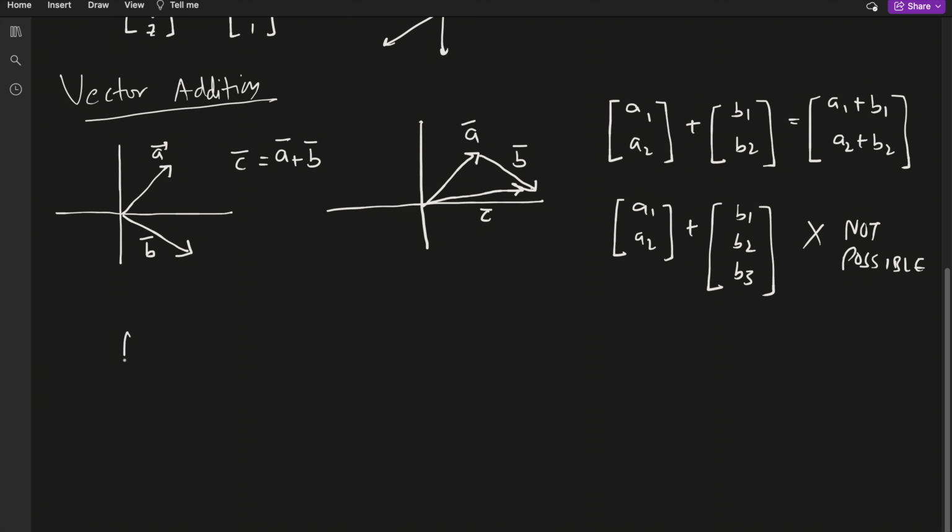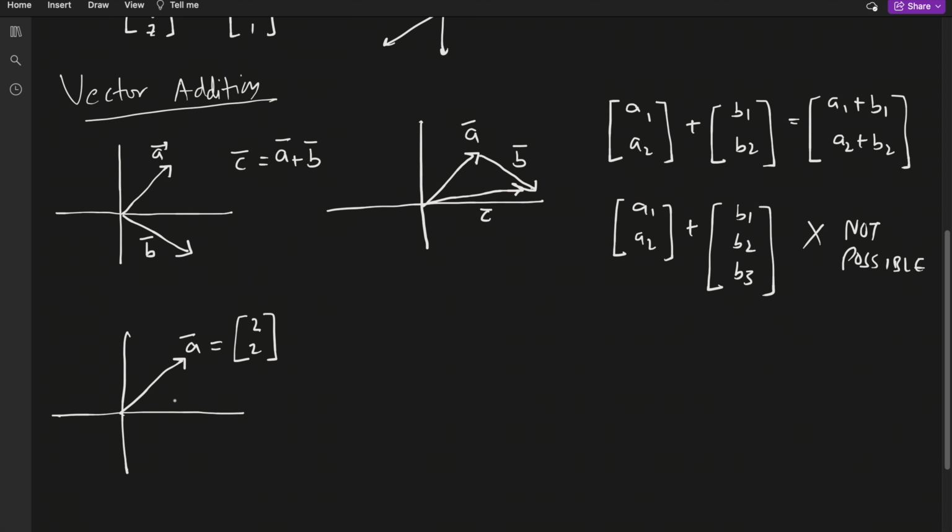Okay, now what does this vector even represent? If I say I have this a vector, right? So see, it represents something. Maybe in terms of physics we can say it represents some motion, right? So let us suppose the coordinate of the a vector is 2 comma 2.